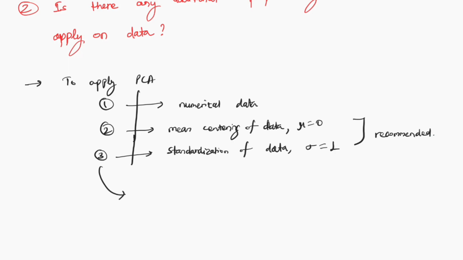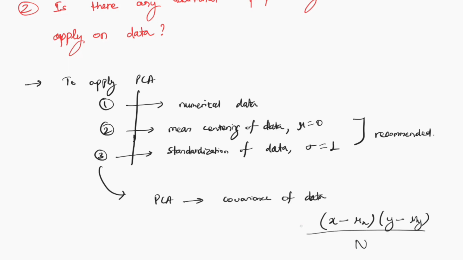The third you can simply see because PCA is going to use the covariance of data. And as you know, covariance is nothing but the relation between two dimensions of the data.